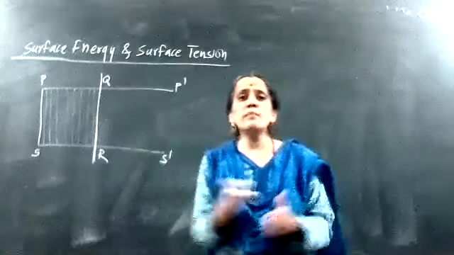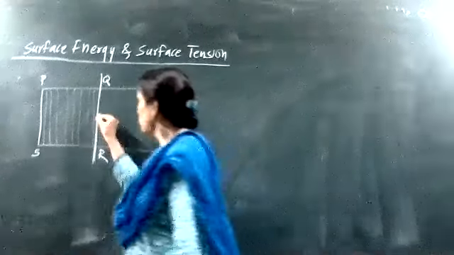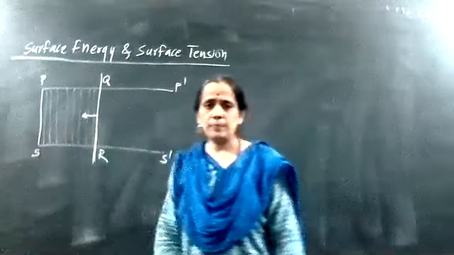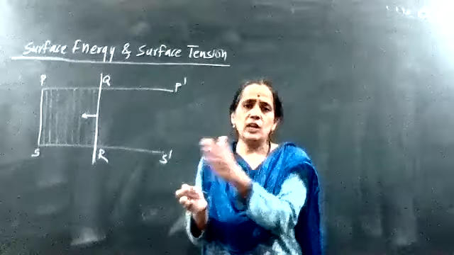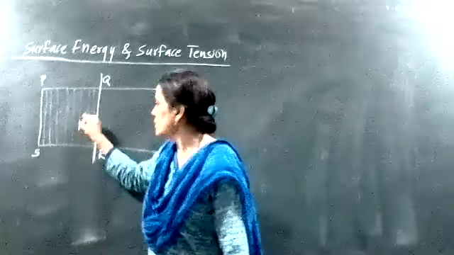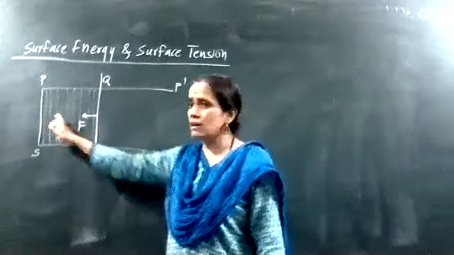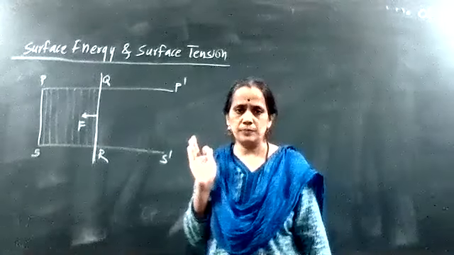always wants to minimize the area. So on the soap film, the force acting on QR is towards PS, because it wants to minimize the surface area. Therefore a force acts on the QR wire towards the PS due to the concept of surface tension.